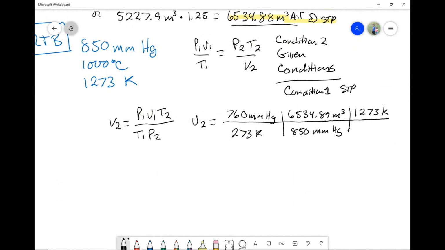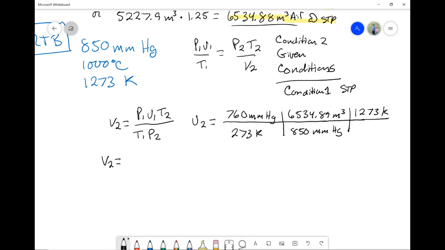And so this is a little bit less involved than part A. And it's just an ideal gas law. So I'm going to work it out down here, work it out real time, makes it more authentic. I don't know if you can hear my calculator keys, but 6534.89 times 1273 divided by 273 times 850.